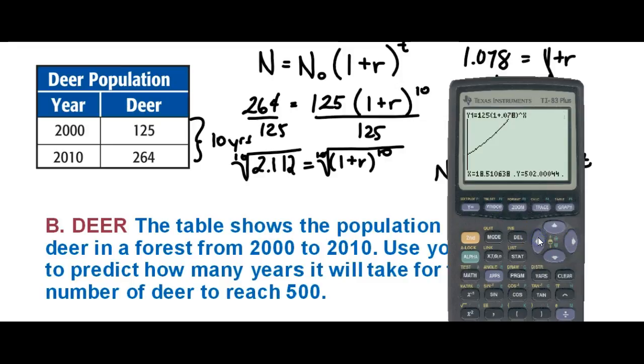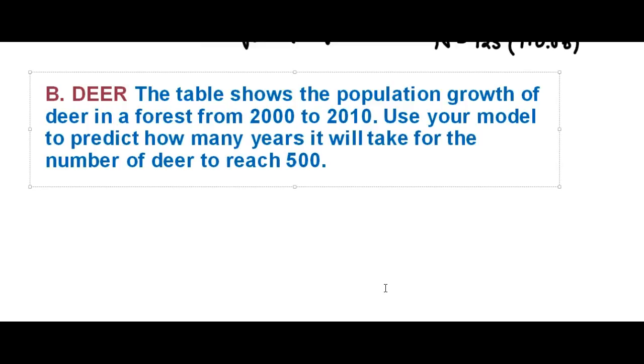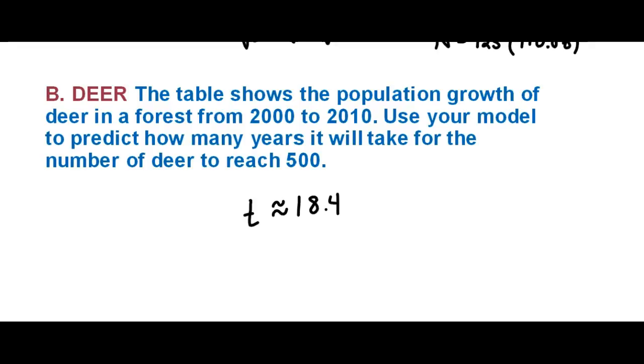Looks like maybe between 18.3 years and 18.5 years, somewhere right in the middle there. So I'm going to say about 18.4 years, roughly. That's my best estimate. I can probably zoom in and go even better than that, but I'm going to say time is about 18.4 years.